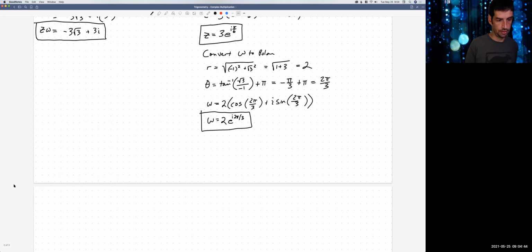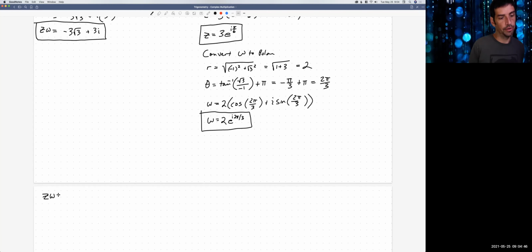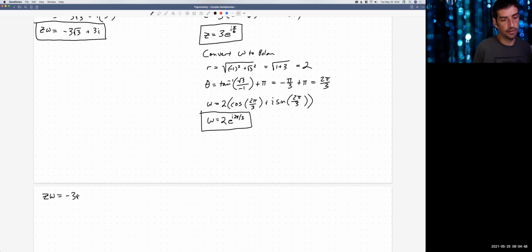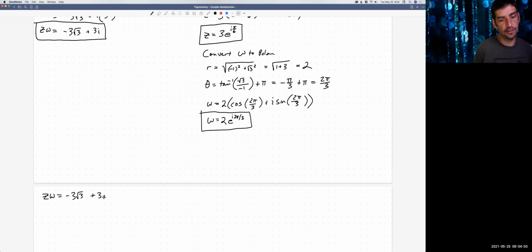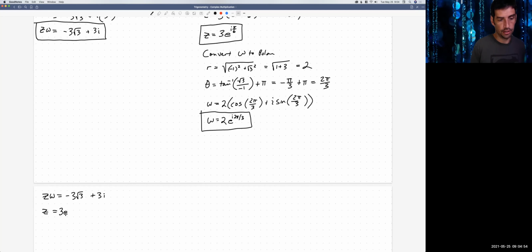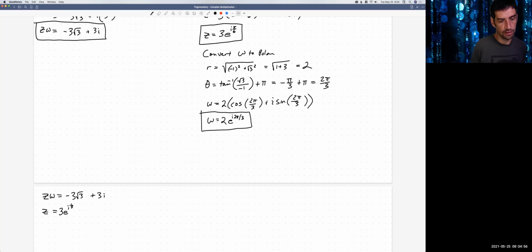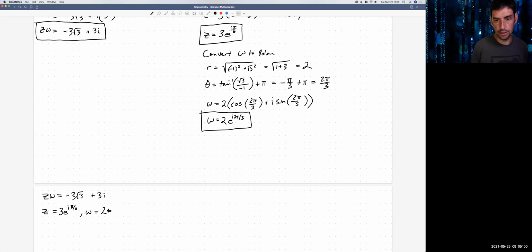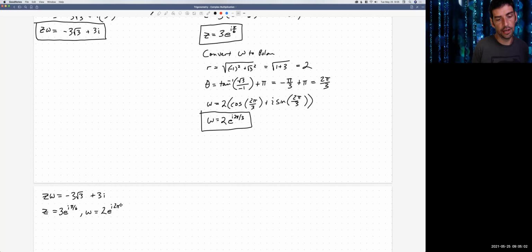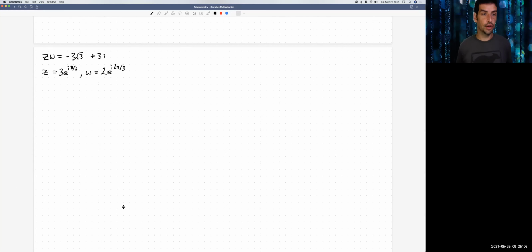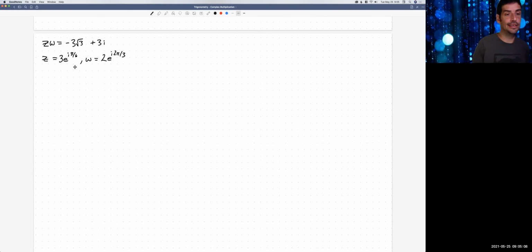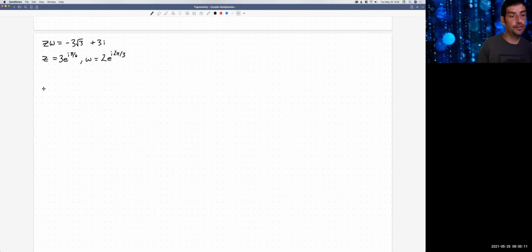So we have zw. When we did it in the rectangular form, it looks like this. And we also have now our polar forms. I'll write them as this. It's easy enough to convert. And w is equal to 2e to the i 2 pi over 3. Okay, so let's go ahead and multiply z and w together using the new polar form.